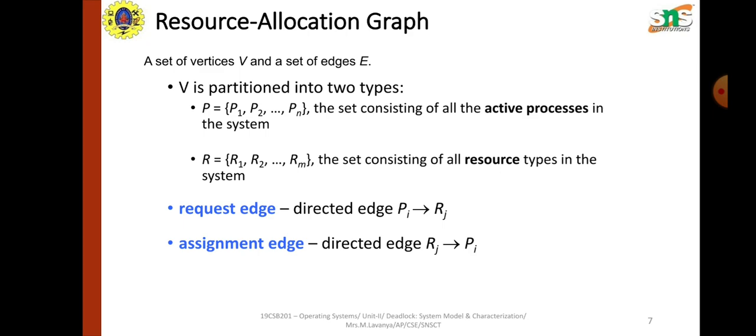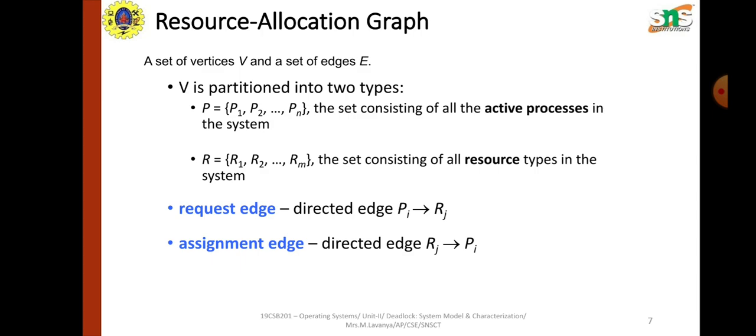And an assignment edge is when the requested resource is available and the resource is currently allocated to the requesting process, then that edge is known as an assignment edge. Here the resource Rj is directly allocated to the process Pi, since Rj is currently free and not allocated to any other process. That is one scenario.